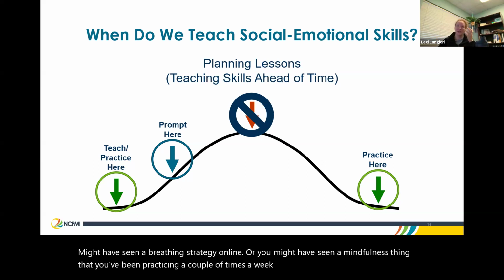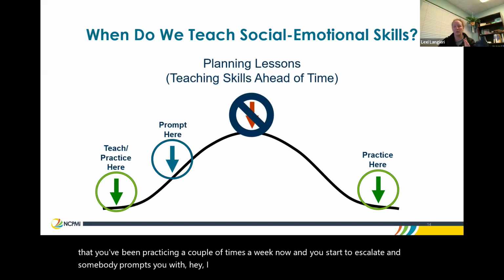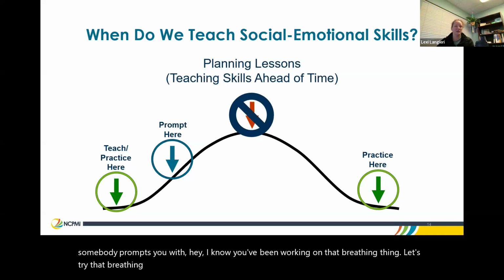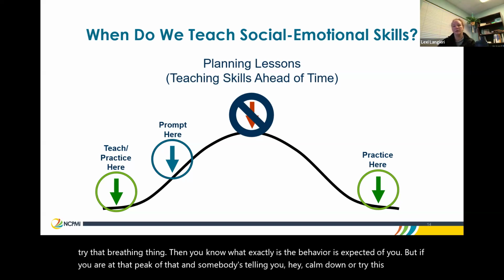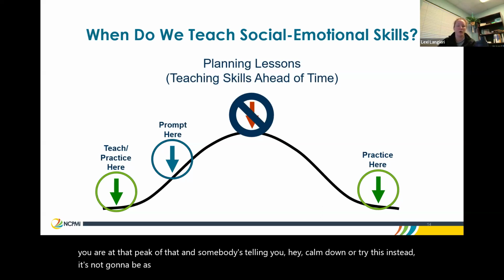And you start to escalate, and somebody prompts you with, hey, I know you've been working on that breathing thing. Let's try that breathing thing. Then you know exactly what behavior is expected of you. But if you are at that peak and somebody's telling you, hey, calm down, or try this instead, it's not going to be as effective. And the same works with children in this scenario.